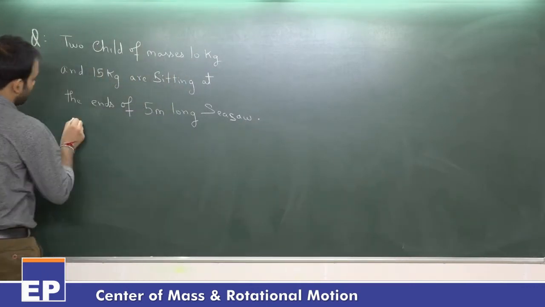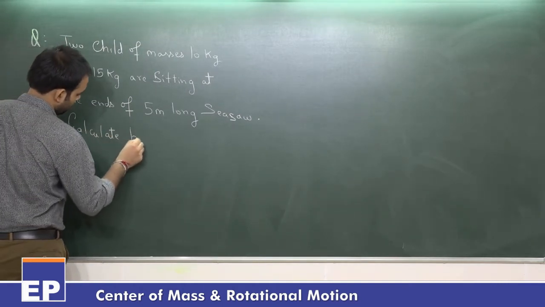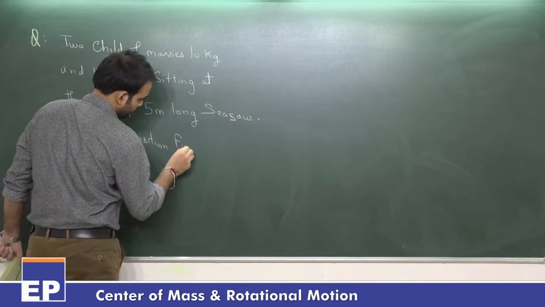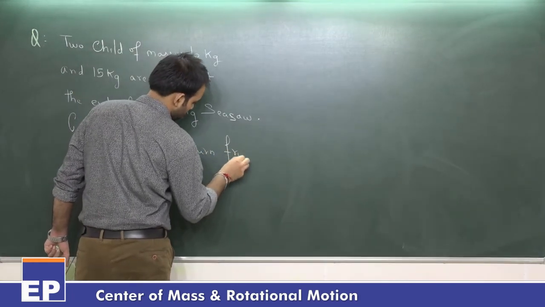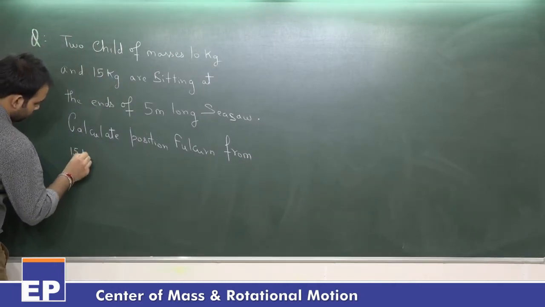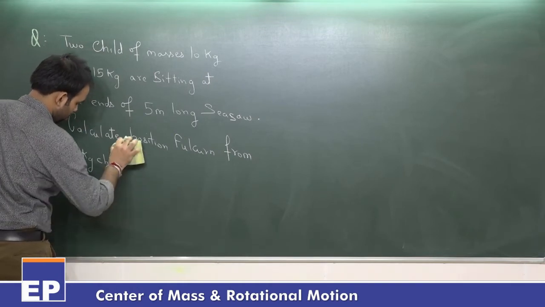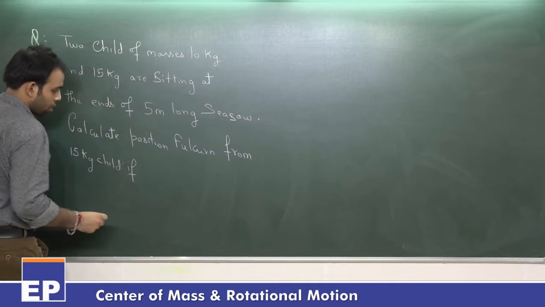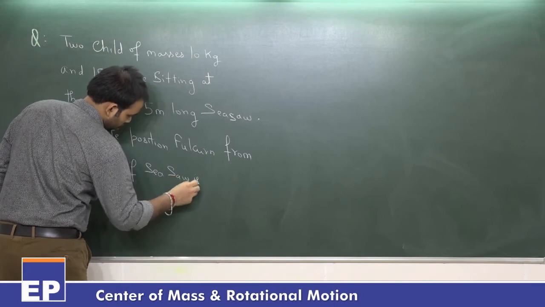Calculate the position of the fulcrum from the 15 kg mass if the seesaw is horizontal.